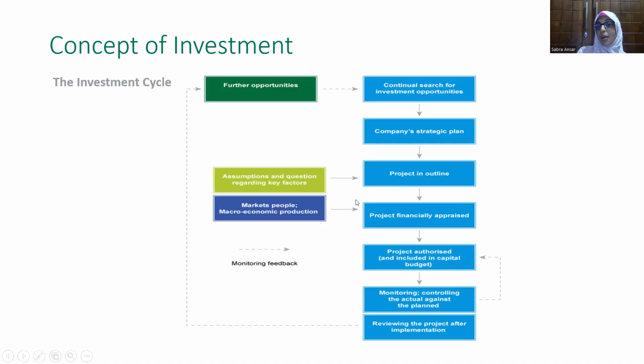And then a project outline. So the projects will be selected, and an outline will be created where different things will be questioned, like what are the assumptions, what are the key factors that need to be considered.